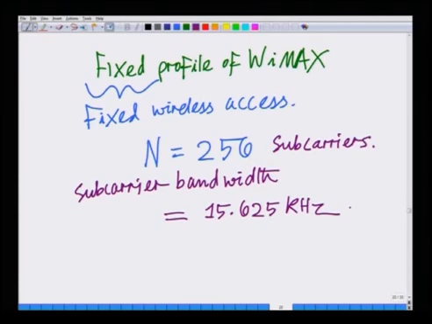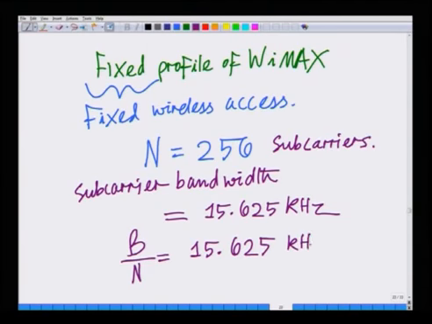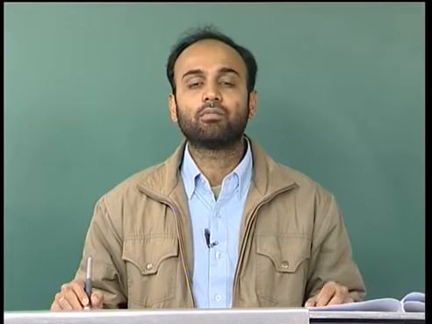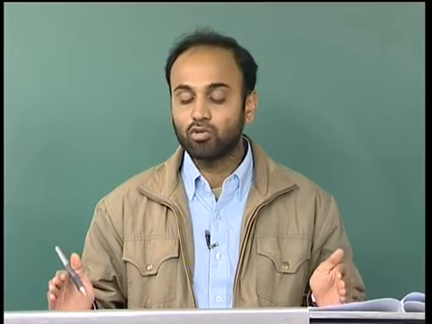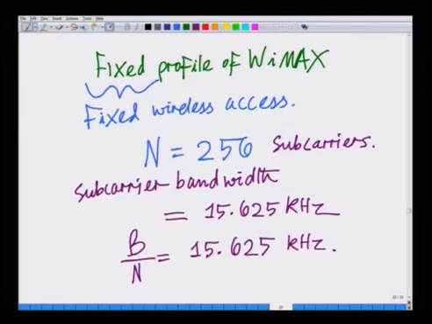So the bandwidth of each subcarrier is 15.625 kilohertz, which essentially implies B by N. Remember, subcarrier bandwidth is nothing but B by N. B by N equals 15.625 kilohertz. So we are considering the example of a fixed profile of WiMAX, a 4G wireless standard, which has N equals 256 subcarriers, and the subcarrier bandwidth B by N is 15.625 kilohertz.